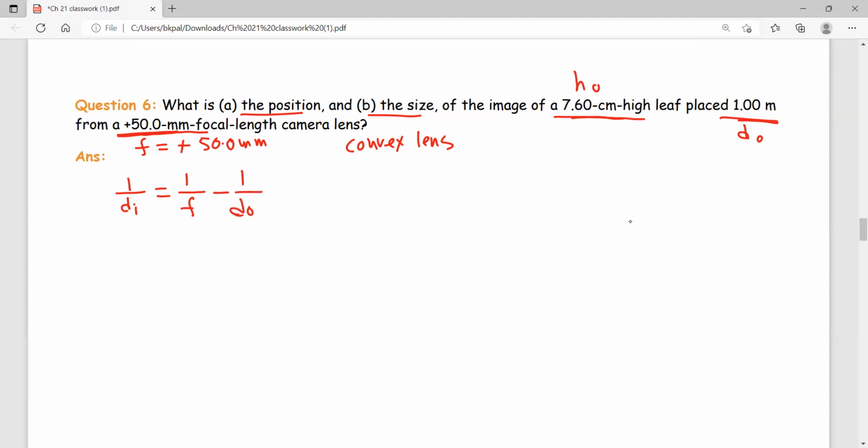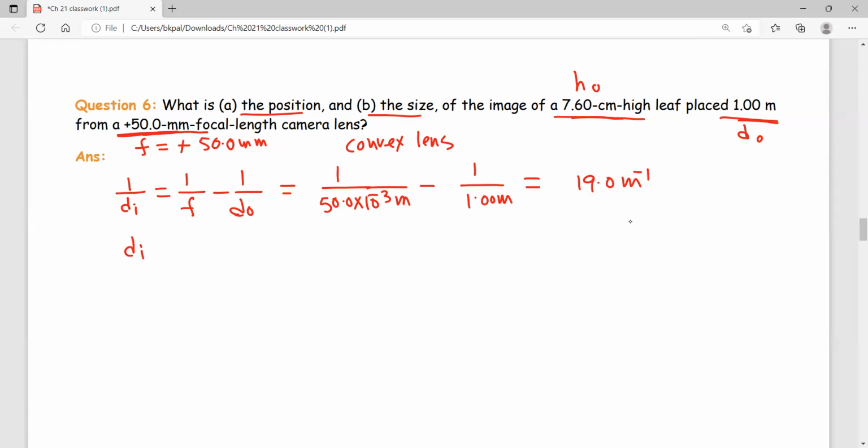If you solve the mirror equation, in this case we call it the lens equation, we get 1 over di equal to this. 1 over f is 50 times 10 to the power minus 3, because it is in millimeters so I convert it into meters, and do is given as 1 meter, so we don't need to convert it. Now if you do this math in your calculator, you should get something like 19 inverse meters.